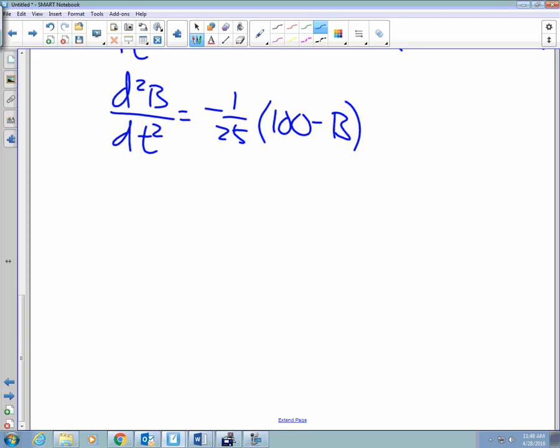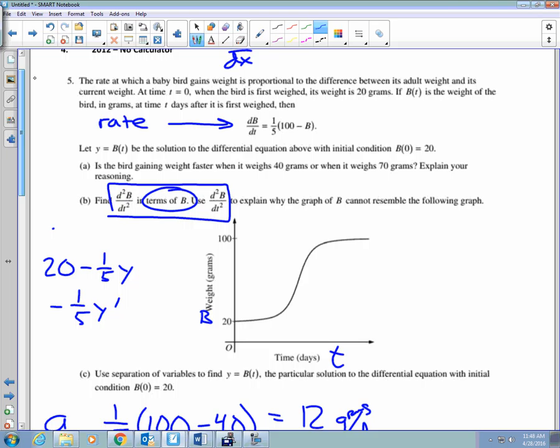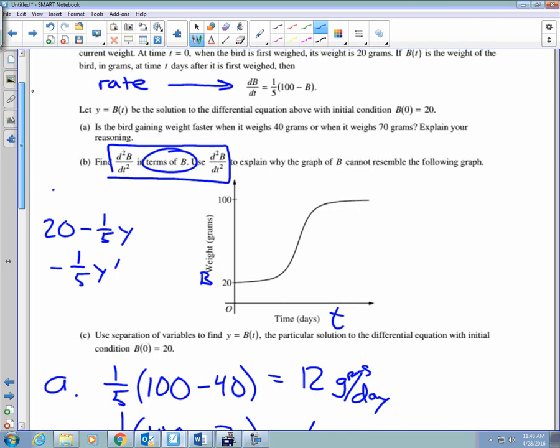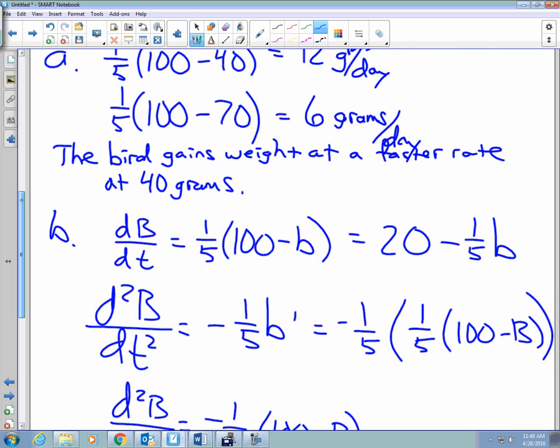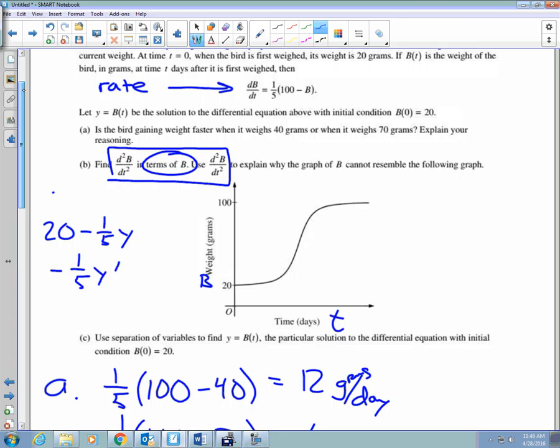We need to talk more about that negative and what it means. For example, let's look at what the possible B values are that we are plugging in. Look at your graph. What are the possible B values that we would be using? 20 to 100. Everybody see that?